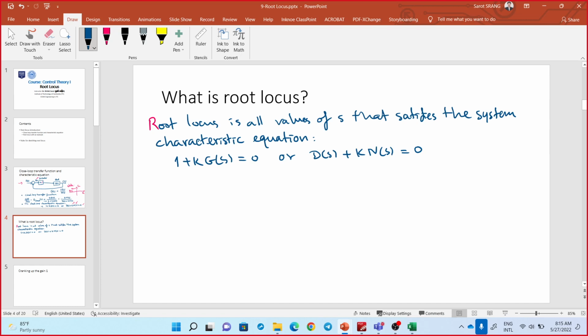With the varying value of k, as the loop gain k varies from 0 to infinity.